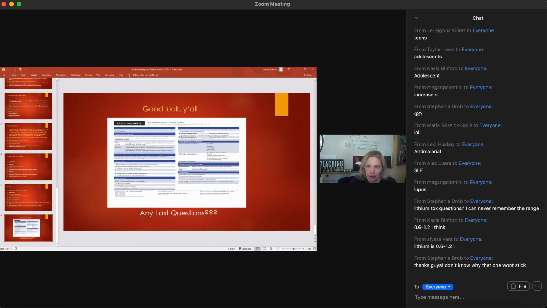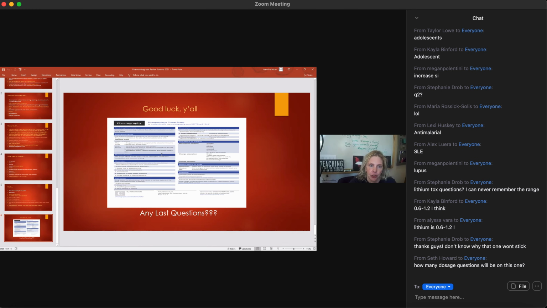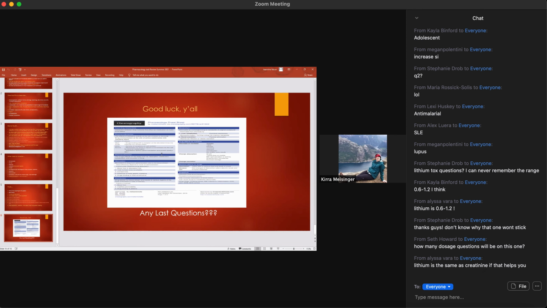Grapefruit juice, I love that's on here because you can't hardly have grapefruit juice with anything, right? So that kind of thing, and nutrients. I thought this was a cute little thing that someone had. But is this on Canvas? It's on Canvas again. Yep. Okay, cool.